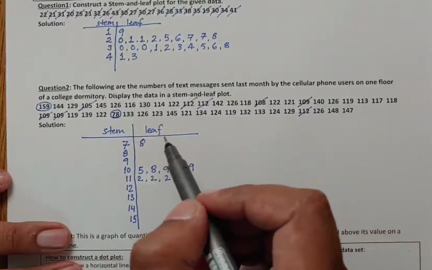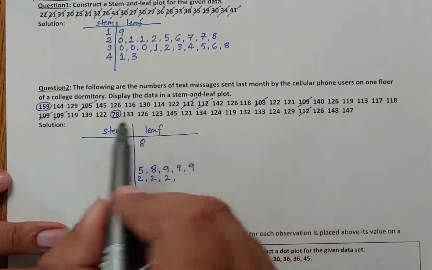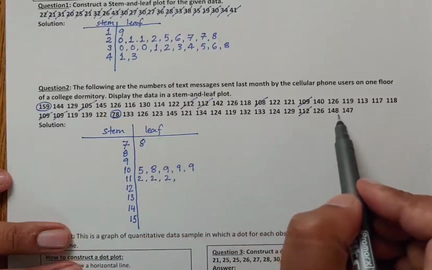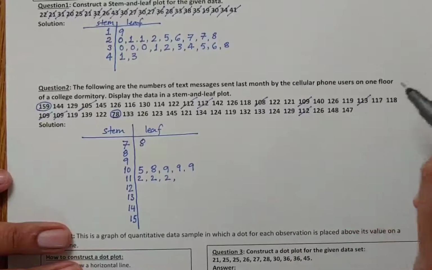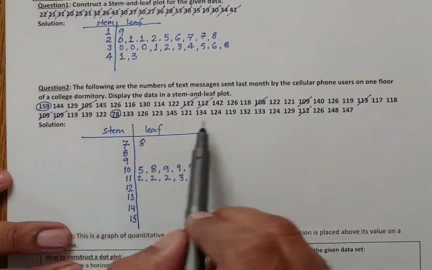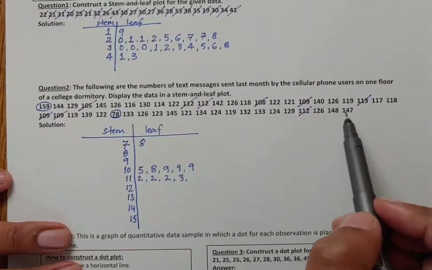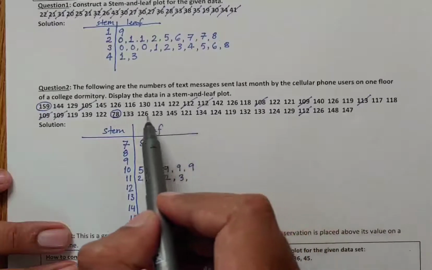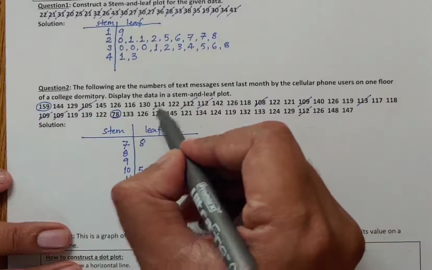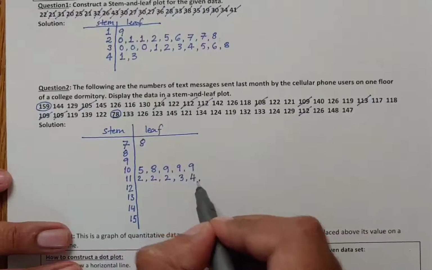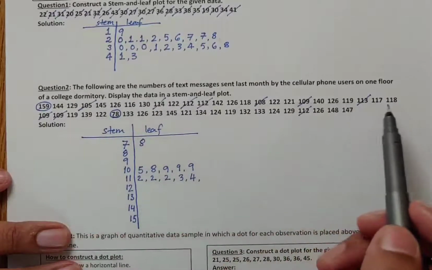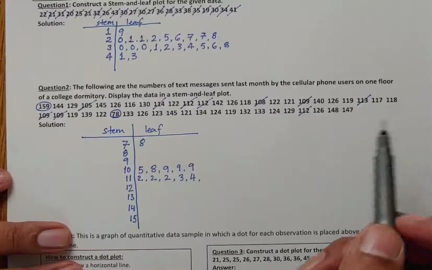Then 113 should be somewhere, and 113 is here. 114, do we have 114? Here, 114. Now we don't have 115. We have 116, which is here.